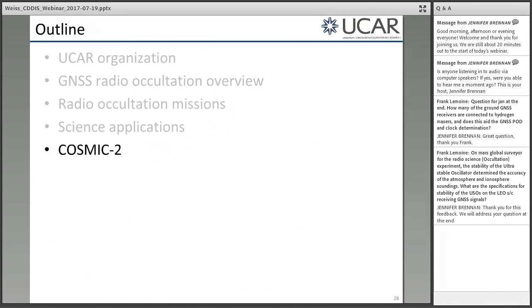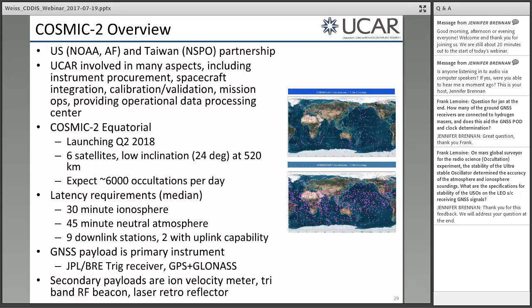Okay, so one thing that we've been very busy with in this group is the Cosmic 2 program, and I'd like to just spend a few minutes describing that mission and some of the things we're looking forward to there. Cosmic 2 is again a U.S. and Taiwan partnership. It's led by NOAA, the National Oceanic and Atmospheric Administration, and the U.S. Air Force on the U.S. side, and Taiwan's National Space Organization.